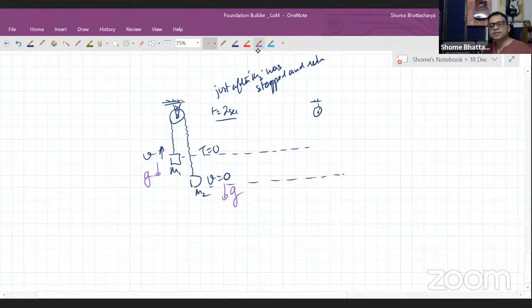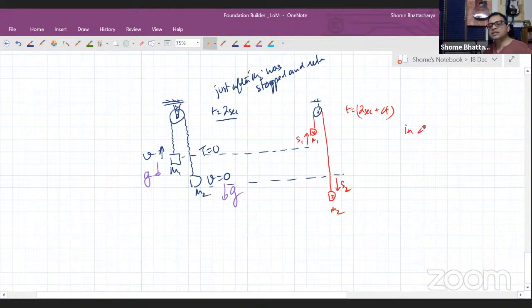By then, this block has gone up by some displacement S1, and this block has come down by some displacement S2. Blocks M1 and M2 respectively have upward displacement and downward displacement, and let's say the time here is 2 seconds plus delta t.